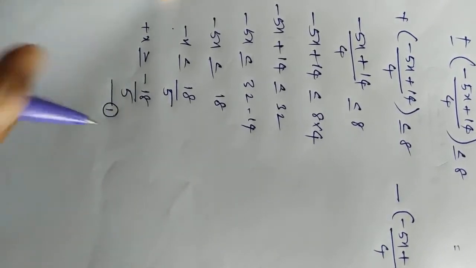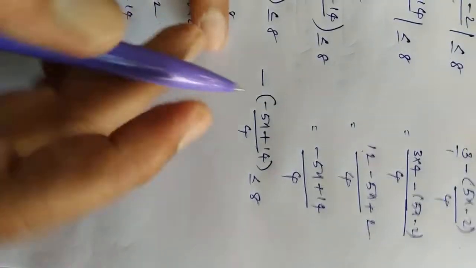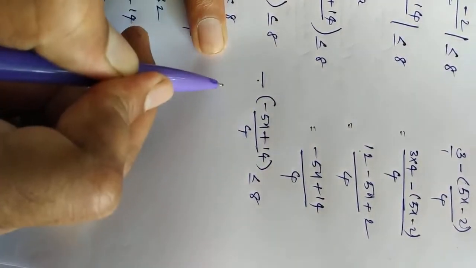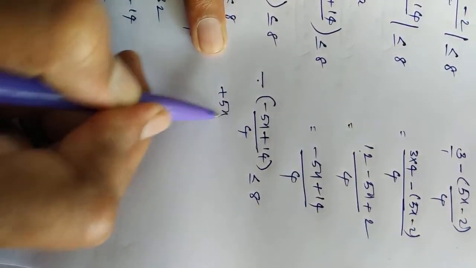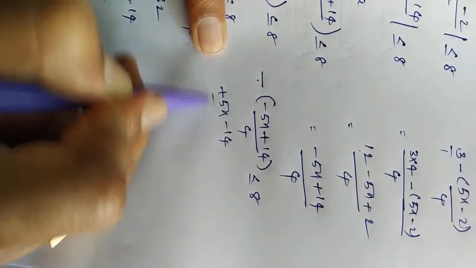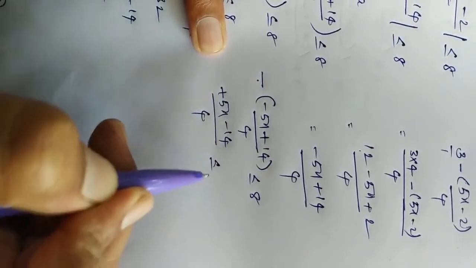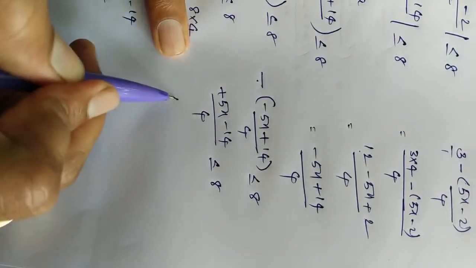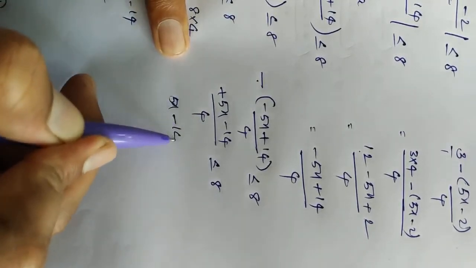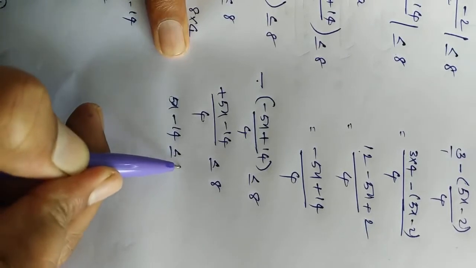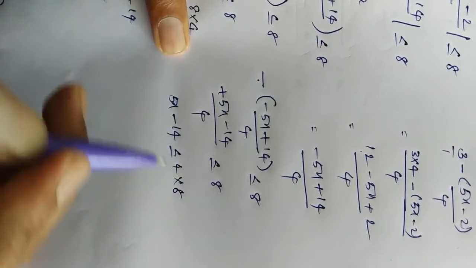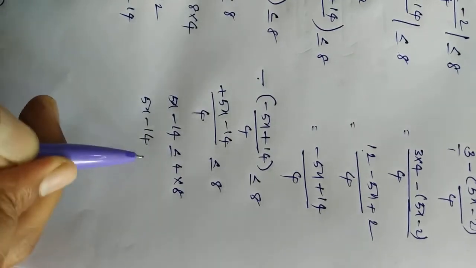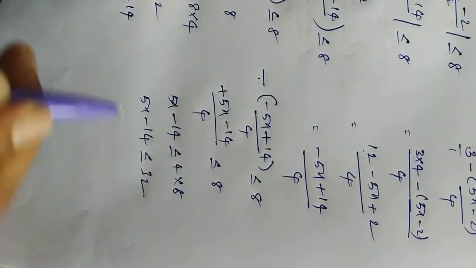This is the first one. Now take the negative one. What is the negative? Minus multiplied with minus is plus: 5x minus 14 divided by 4 is less than or equal to 8. So 4 is moved to the right side: 5x minus 14 is less than or equal to 4 into 8, so 5x minus 14 is less than or equal to 32.